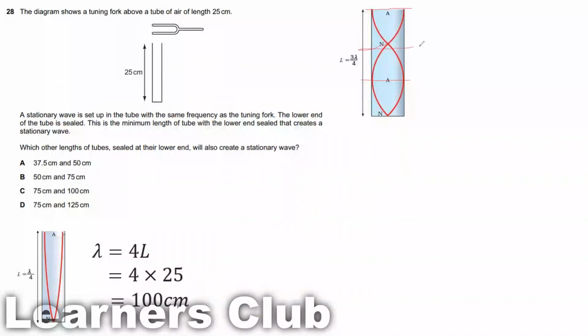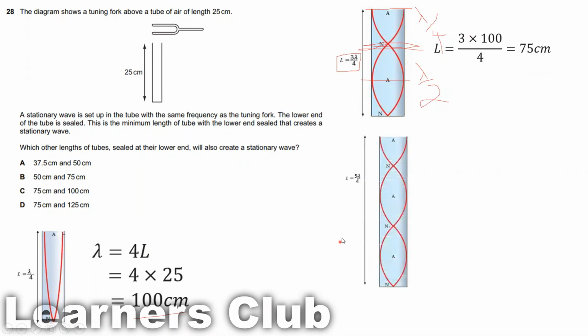So this up to this is lambda by 2. And node to antinode is lambda by 4. So you get L is equal to 3 lambda by 4. We know the value of lambda is 100 centimeter. So just substitute the value. 3 into 100 by 4. One answer is 75 centimeter.